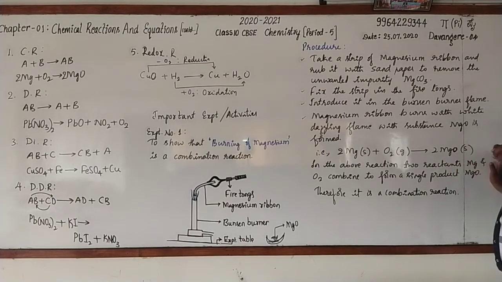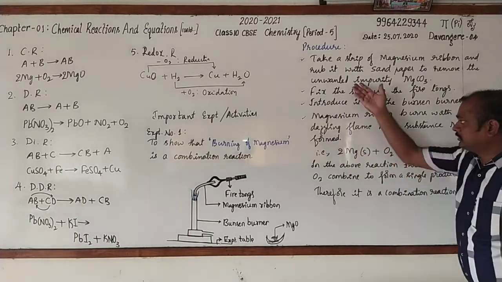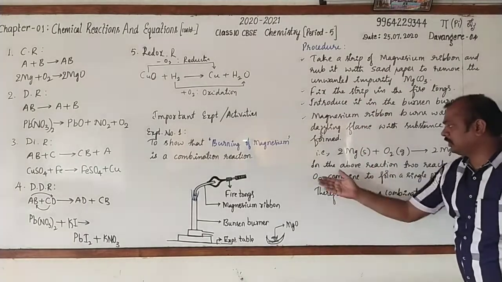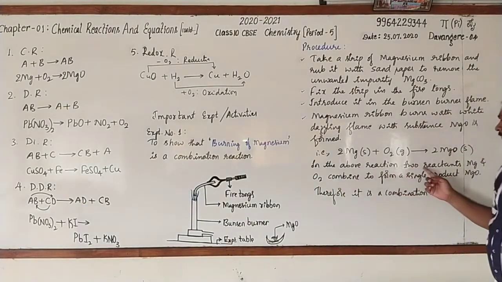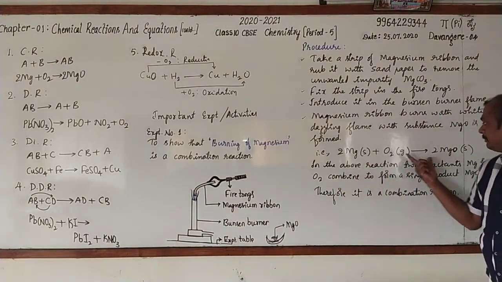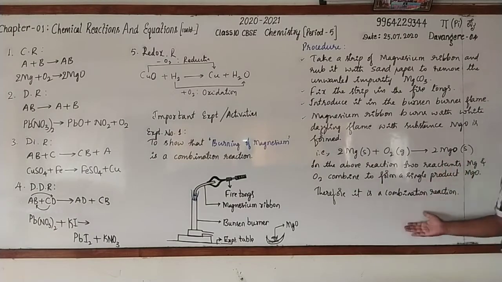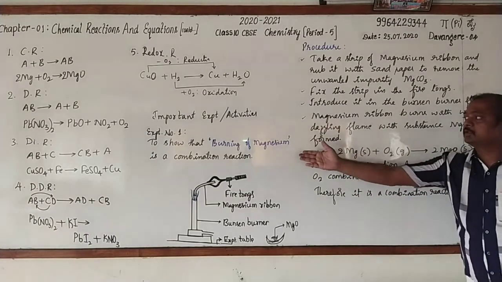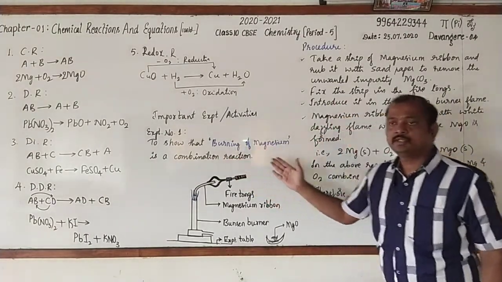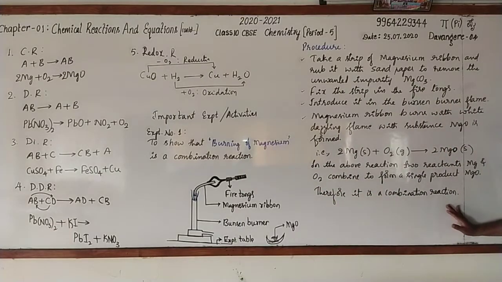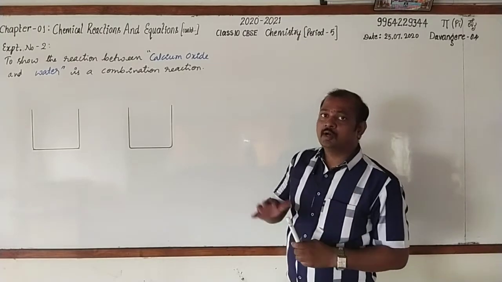Its color is white. And in this reaction, you have come to know that two reactants combine to form a single product. That is why burning of magnesium is a combination reaction. Got it? Please go for writing as it is. Copy this.